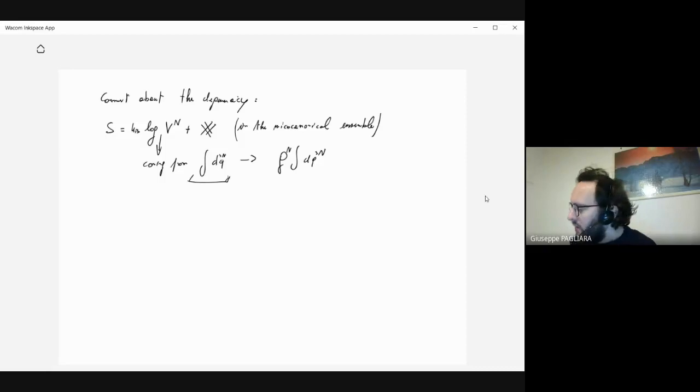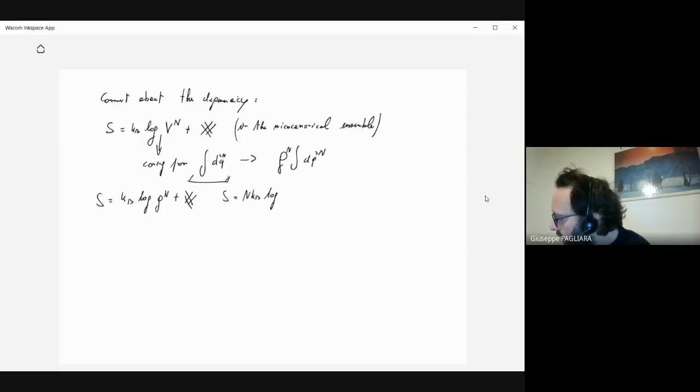Therefore, in the expression of the entropy, we will have an additional Kb log of g to the power of n plus other terms, which means that the entropy will be n Kb log of g plus all the other terms, since the degeneracy will just multiply the volume. So if I have the volume to the power of n, I will have also degeneracy to the power of n. That's basically the thing.